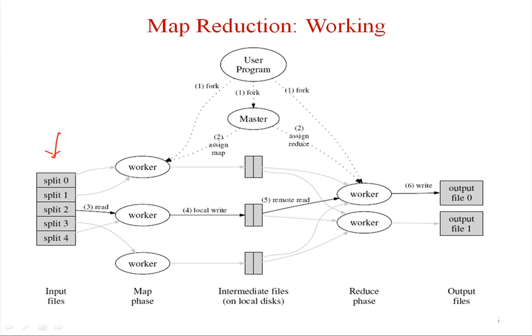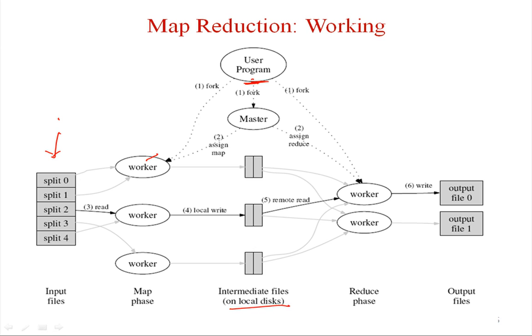Here the document collection or input files are split into 5 sets, and workers are assigned for each step. After that, there is a user input program or master control which assigns tasks to different computers or clusters. These are the intermediate files on local disk.